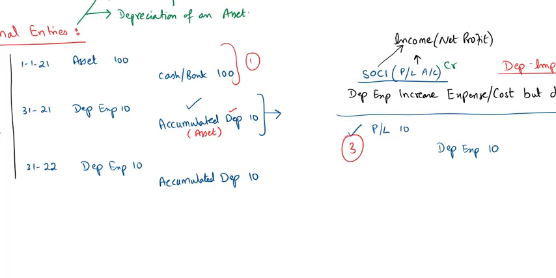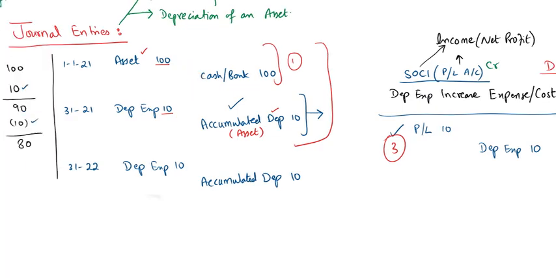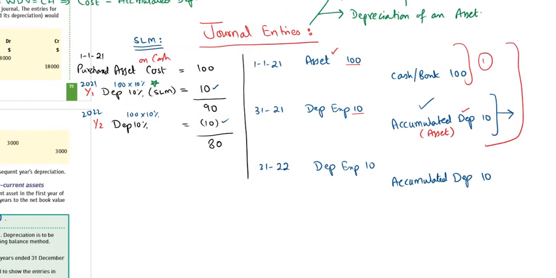If we record the asset on the statement of financial position, these two entries will help, because we will record the asset at carrying amount. So how to calculate carrying amount? This is the cost and this is the depreciation. So 100 minus 10, 90 goes to the statement of financial position. So these are the journal entries.